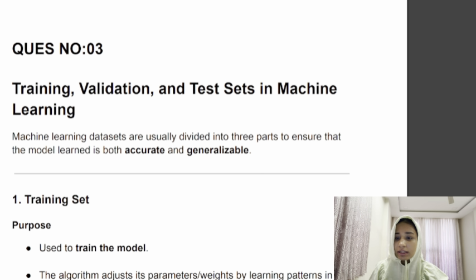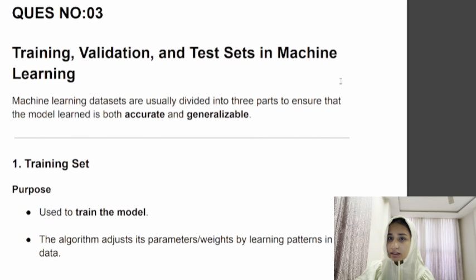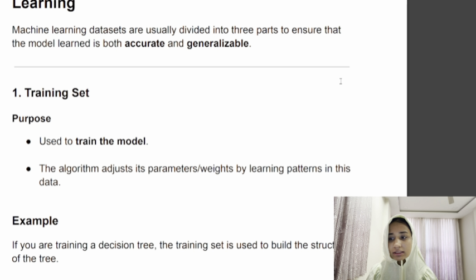Machine learning datasets are usually divided into 3 parts to ensure that the model learned is both accurate and generalizable. The 3 parts are the training set, validation set and test set. Let's understand this one by one.